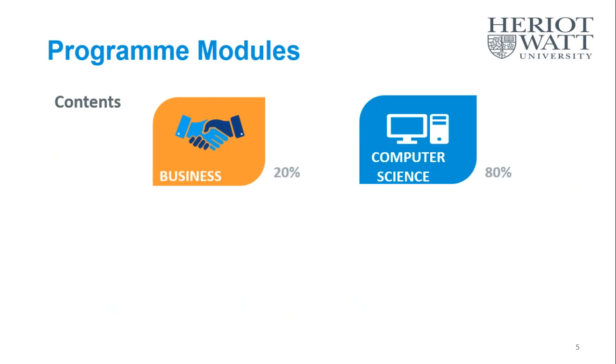When we say computer science, we have adapted the original computer science syllabus we used to create this program in such a way that we have removed some theoretical aspects that are relevant for professionals who are going to focus, for example, on PhDs or research. And we have replaced these topics with more practical, more industry-relevant topics. So that's our computer science component.